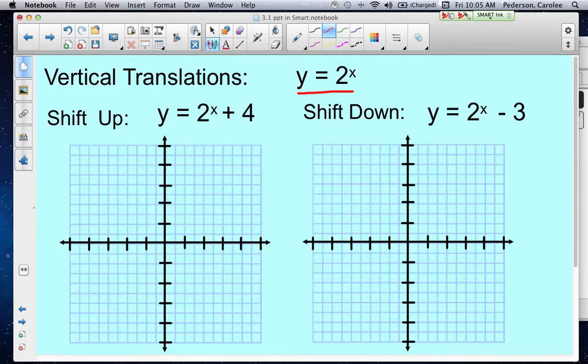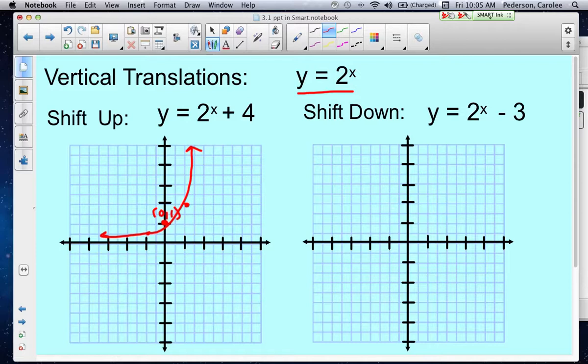So if I have my parent function, remember my critical point is at over 0, up 1, and then I have another point at 1, and then 2. And then -1, and then 1/2. There's my parent function.